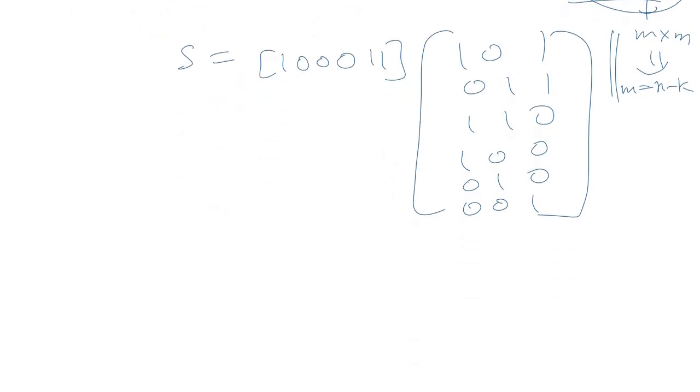So if we simplify this expression, this is of 1 cross 6 order, and this is 6 cross 3. So this syndrome will be 1 1 0, which is 1 cross 3 order, right?